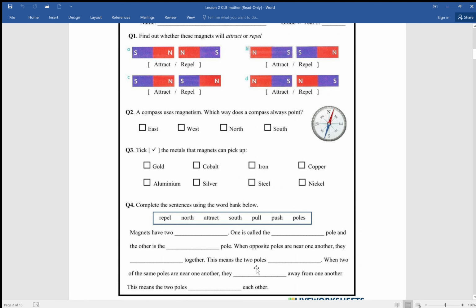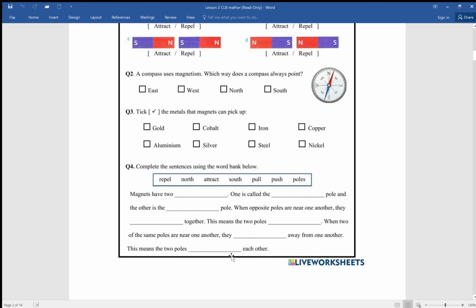That means the two poles attract. When two of the same poles are near each other, they push away from one another. That means these two poles repel each other.